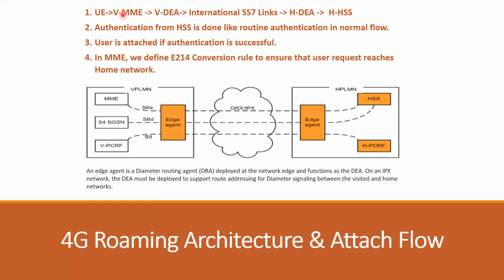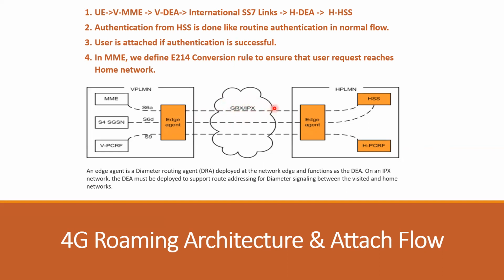So your attach request is going to be like this: the UE is going to send an attach request to your visitor MME here. The visitor MME is going to send a request to the visitor DEA, diameter edge agent, okay? And the DEA basically has the links towards your international links, so it is going to connect to your international links to GRX and IPX provider.